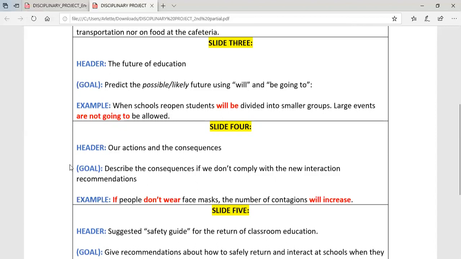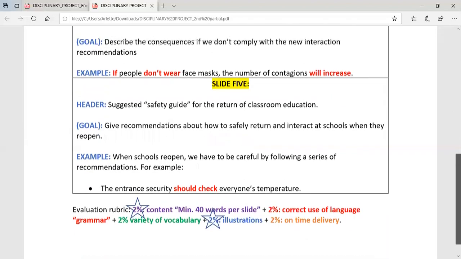This is what you have to use in slide 4, but you can also use other phrases. I'm going to show you other expressions that you can use for the fourth slide to talk about the consequences, okay? In a moment, I want to show it to you. In slide 5, guys, what are you going to do? In slide 5, you are going to talk about the suggested safe guide for return to class education.